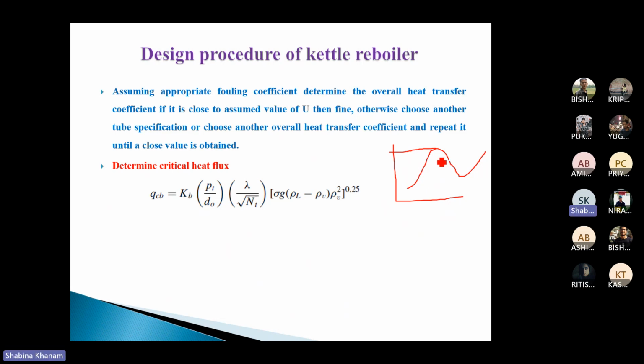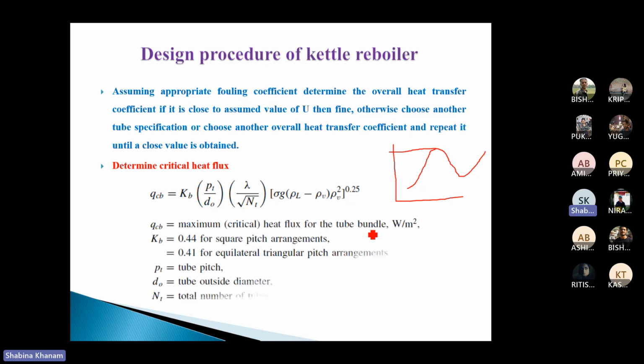So that would be well below this critical heat flux. Otherwise, once we move beyond the critical heat flux, we fall in this region where the heat transfer coefficient is quite less. Therefore we need to stay in this part. So that is the critical heat flux you need to calculate for the kettle reboiler.